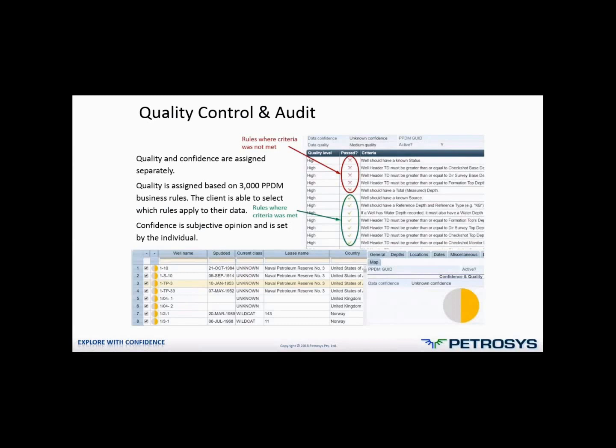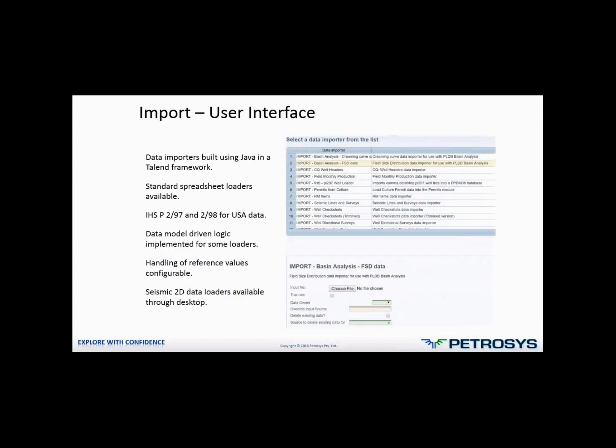So these rules can be different per data type. Obviously, the rules that you would have for seismic would be different to the wells. The rules that you have for tops would be different to the rules that you have for check shots. So you can set these up, and then as and when you update or load data, these rules will run as per your cron job and update your system.